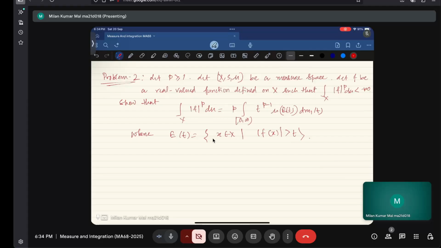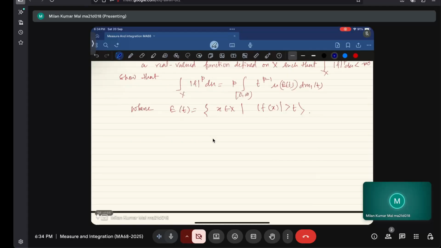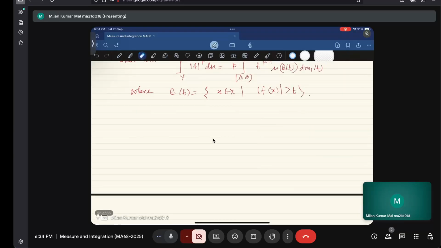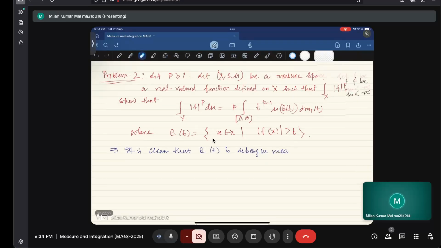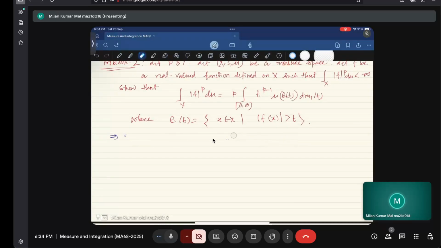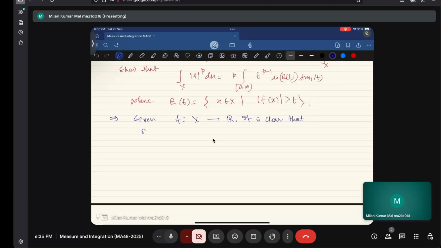Now let's try to find this one. It is clear that E_t is... F is a real valued function, so let's write f is a function from X to Y. Given that f is a function from X to Y, it is clear that the set such that |f| is greater than t is measurable.